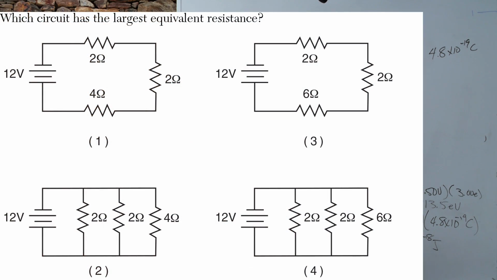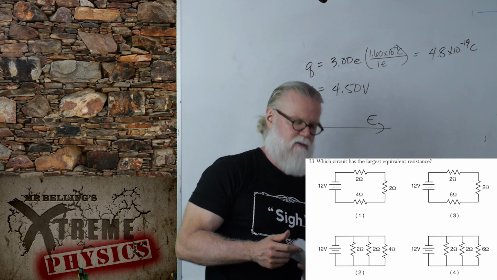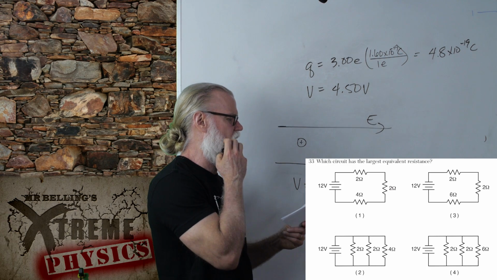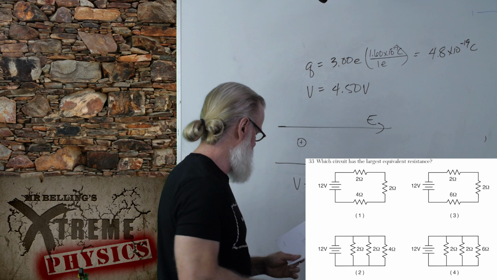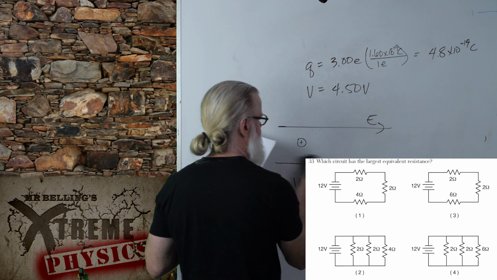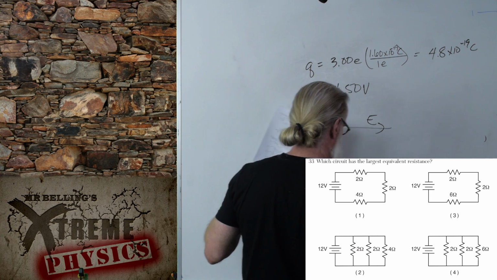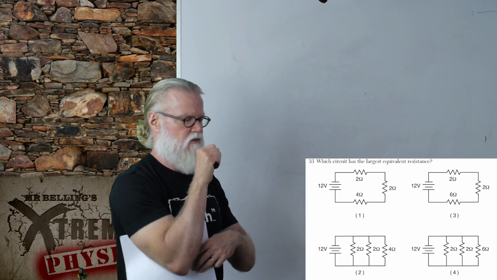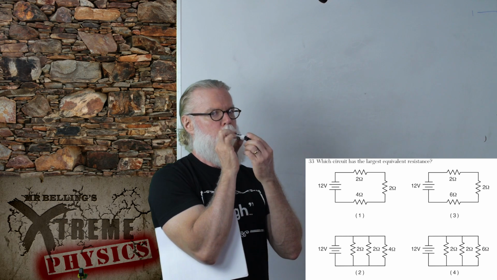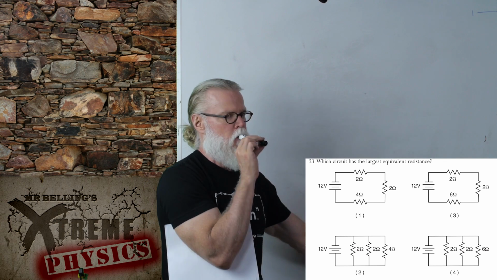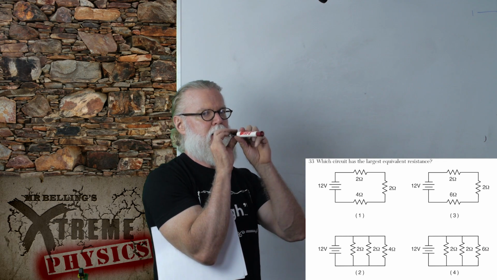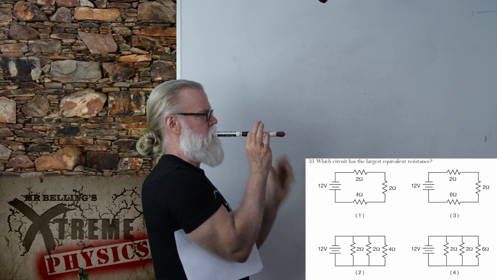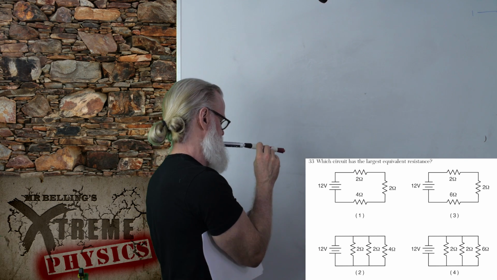Which circuit has the largest equivalent resistance? All right, this is an important idea in electricity. Anytime you add a resistance in a circuit in series, the resistance goes up. You know, if you're blowing through a straw and you add another straw in series, it gets harder.